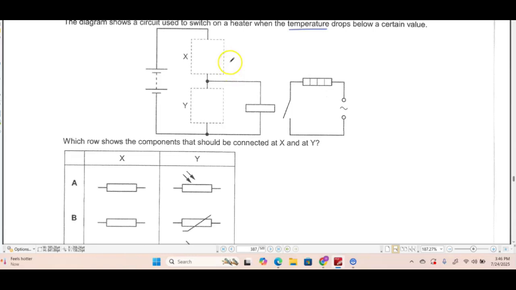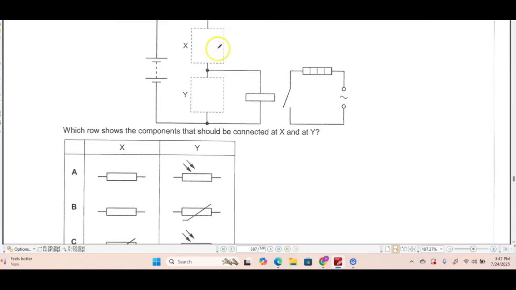Okay? So what we are going to have over here is a thermistor. Okay? And here you have a relay that allows a small current to change into a larger current.